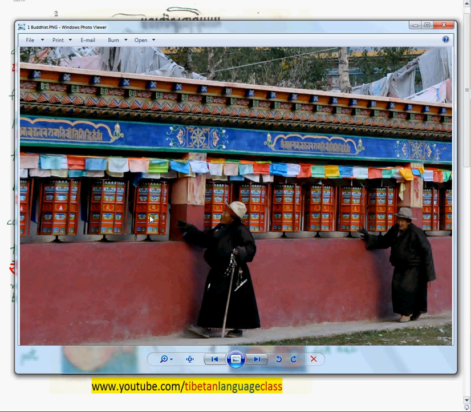I mean, these are prayer flags at the top, and then these are prayer wheels, and they always go clockwise. So with the right hand they'll rotate clockwise while they circumambulate around the temple.